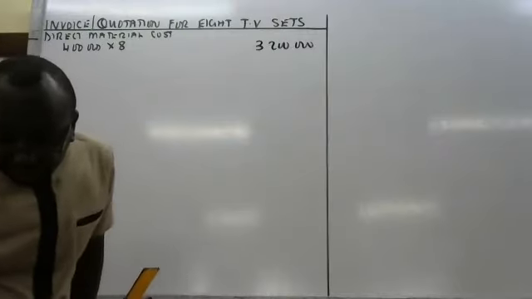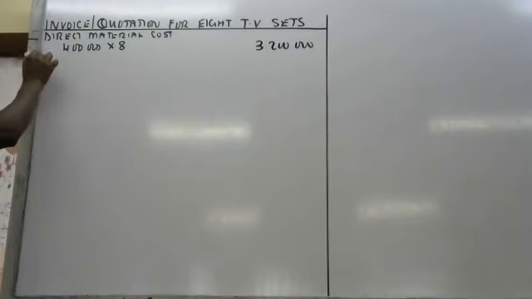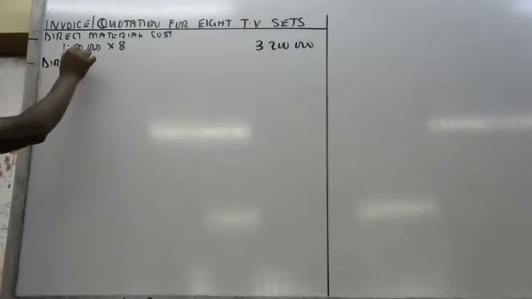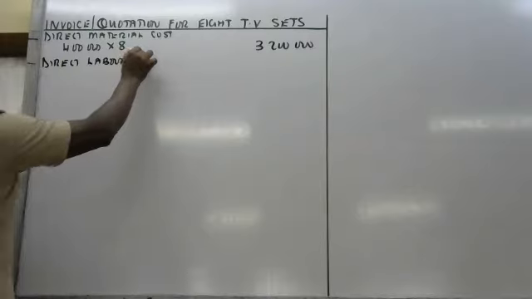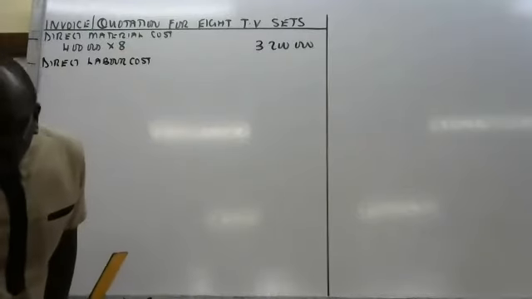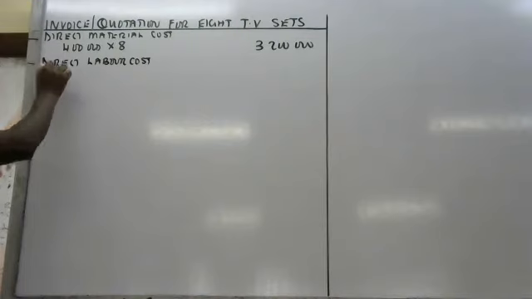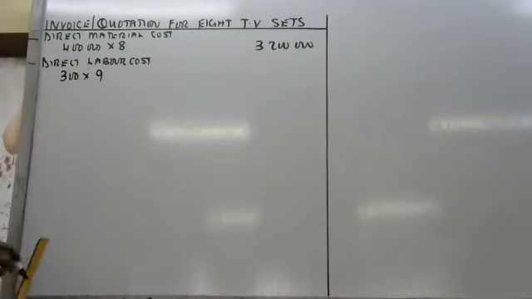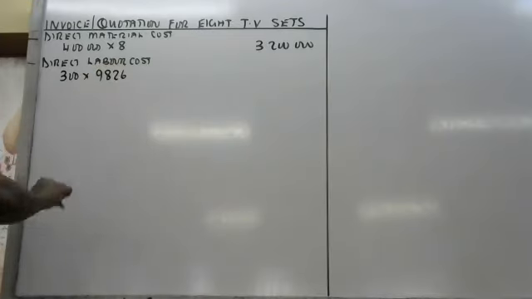The next one is direct labor costs. Direct labor costs, 1 hour is paid 300. And we have established it was 98.26 hours. Those are the hours that we required.